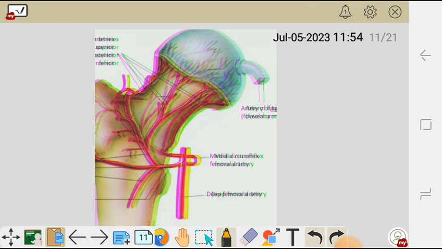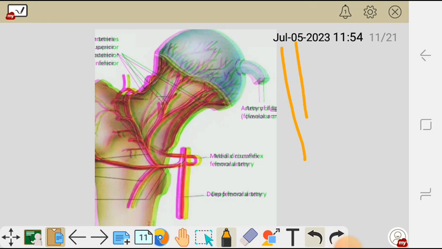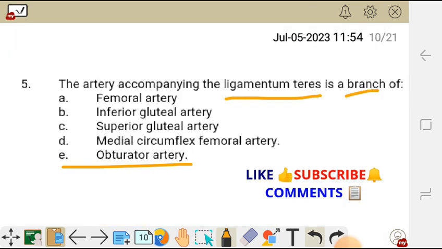So ligamentum teres is this ligament which is found on the head of the femur. So this ligament here is what we call the ligamentum teres. So the artery which is accompanying that ligament there is a branch of the obturator artery. So the correct answer here is E. We have the obturator artery this side, then a branch of the obturator artery is going to pass through the ligamentum teres. So the correct answer is E.